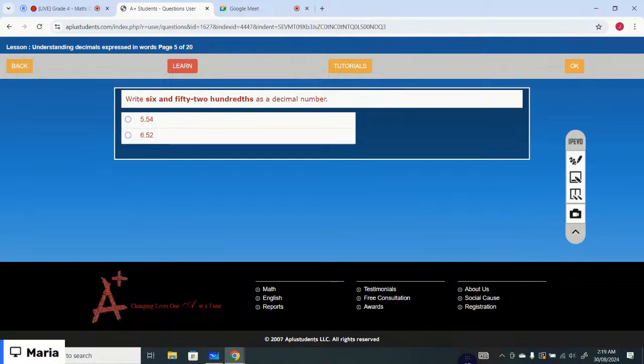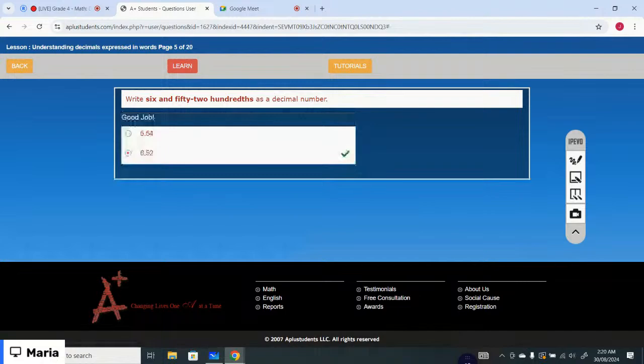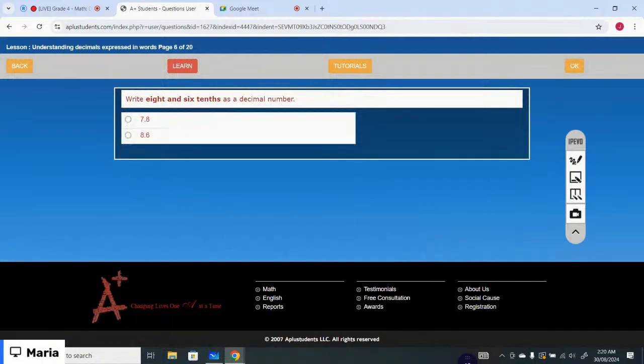The correct option is option number 2. 6 and 52 hundredth, so option number 2 is the correct option. The next one is write 8 and 6 tenth as a decimal number.